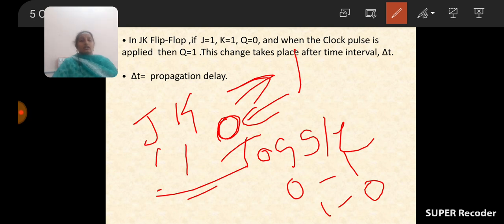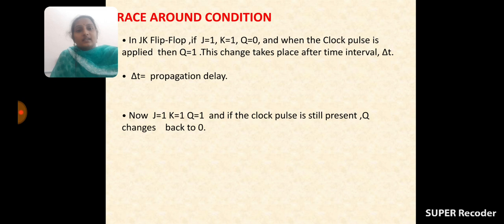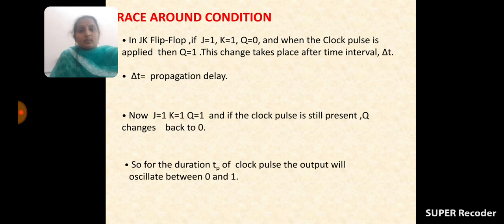This condition is called what? Toggle condition of the flip-flop. Is it clear what it is called? Toggle condition. And also called what? Race around condition. Just like a race, it tries to reach 1, but it is again back to 0. So this condition is called race around condition.